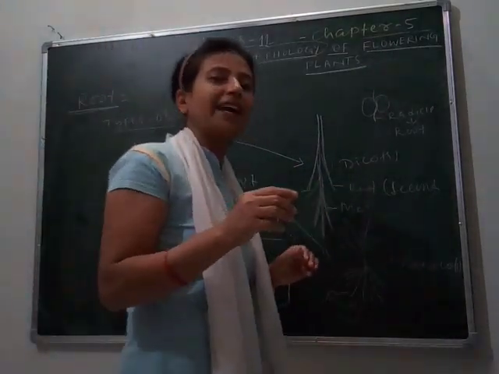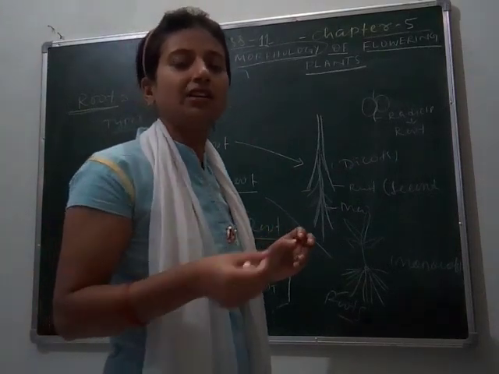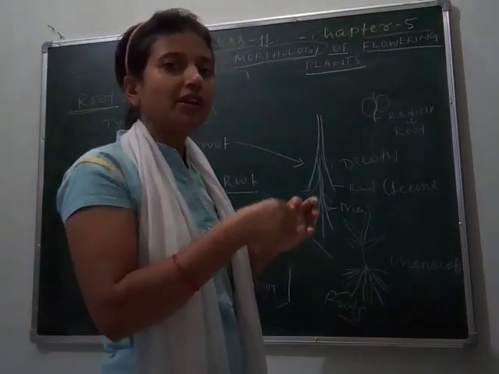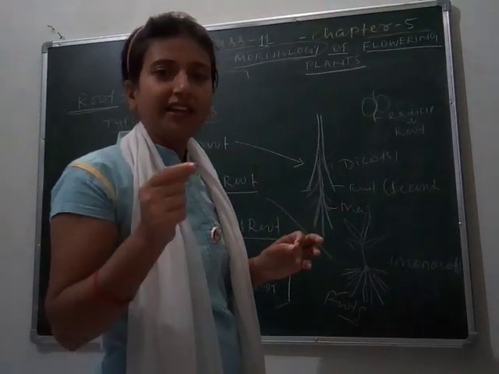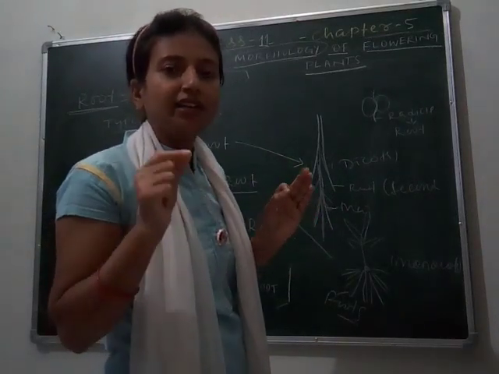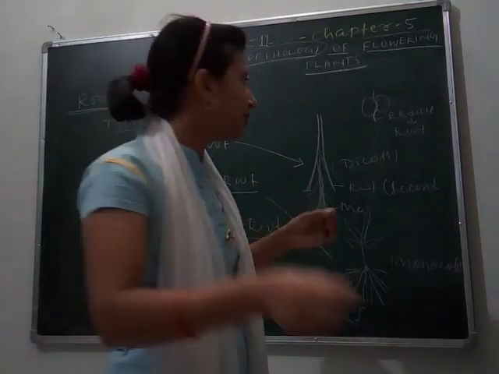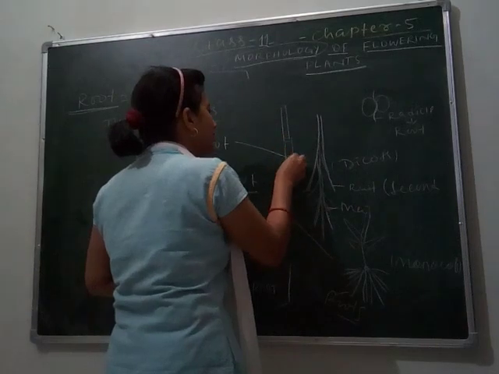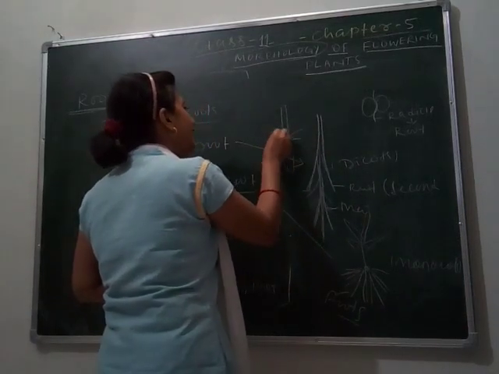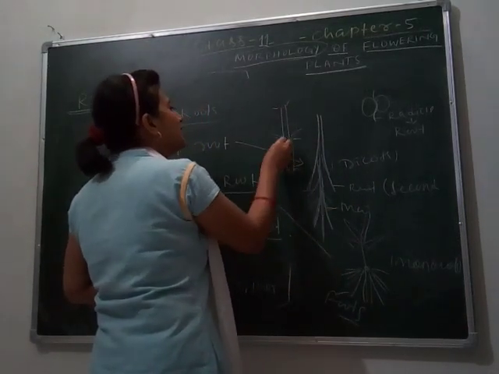Like in the case of a banana tree, you can see the roots arise from the stem towards the ground. And in case of maize, in case of sugarcane, you will see that roots arise from the stem nodes. Like if this is sugarcane, the roots arise from the stem.